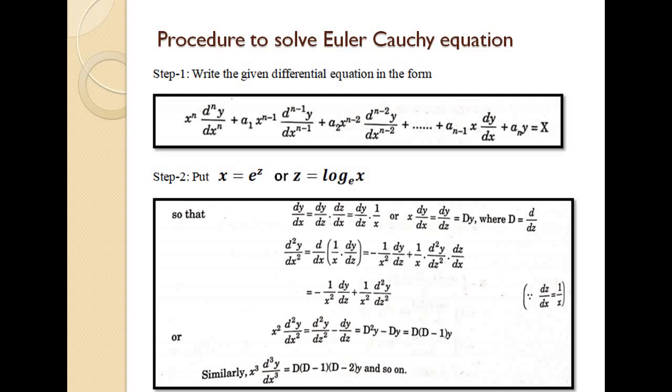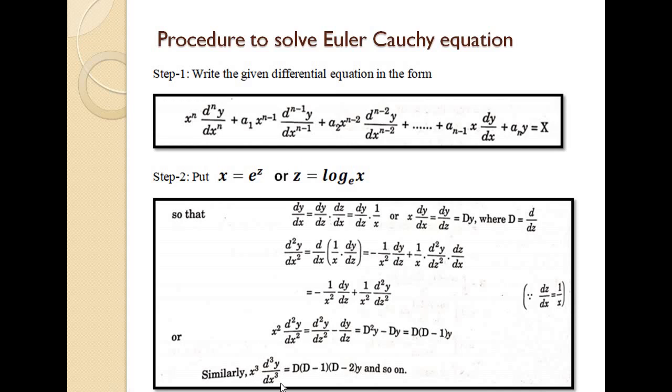So this is step 2. In step 2, we need to substitute x is equal to e power z or z is equal to log x to base e, and then treating capital D is equal to d by dz, we need to write x into dy by dx as capital D y, x square into d square y by dx square as D into D minus 1 operated on y, and x cube into d cube y by dx cube as D into D minus 1 into D minus 2 operated on y.